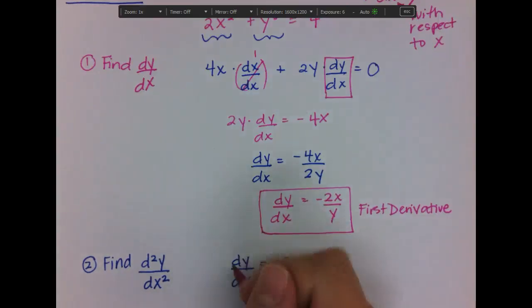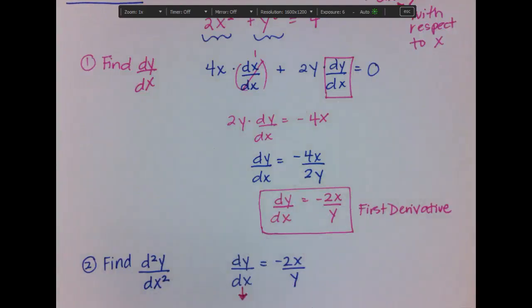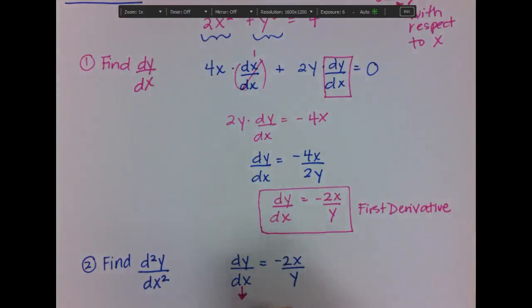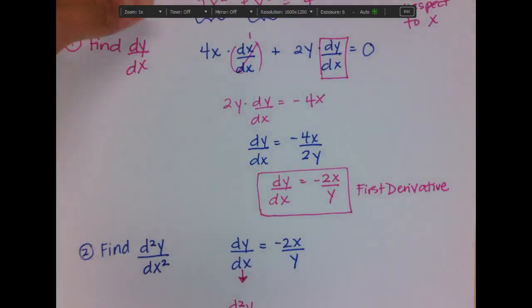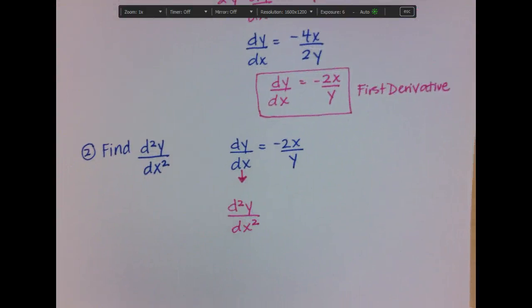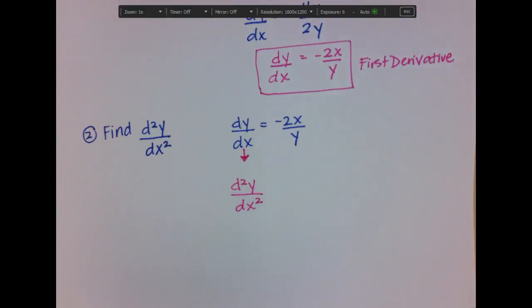So let's start by taking the derivative of the left side, and all that requires is that notation. So we took the derivative there, and we get d squared y over dx squared.